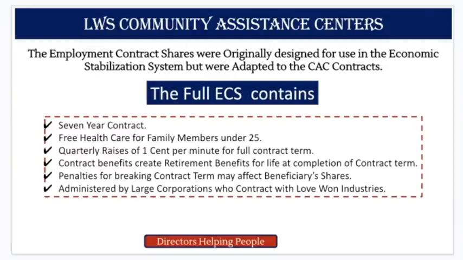So if at the end of your term you're at a certain level of money coming in, and you want to retire, then you retire at that level, and that is your benefit. It's as if you were still working. The only difference is that you won't get the raises every quarter unless you're actively working the job. But if you want to go past the 7 years, the cent per quarter will continue on until you retire. And then you retire at that level.